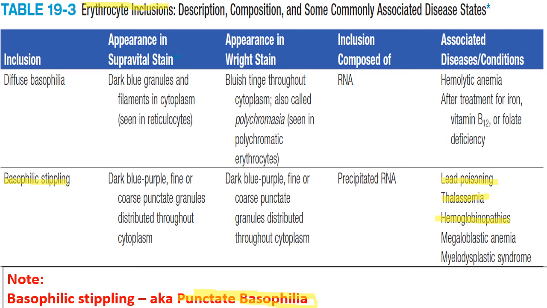Ano ba tong mga to? It is an inclusion made up of precipitated RNA. So, ibig sabihin may something wrong dun sa formation of your hemoglobin dahil sira yung RNA. Remember, habang may RNA yung stage ng RBC, doon may hemoglobin synthesis.